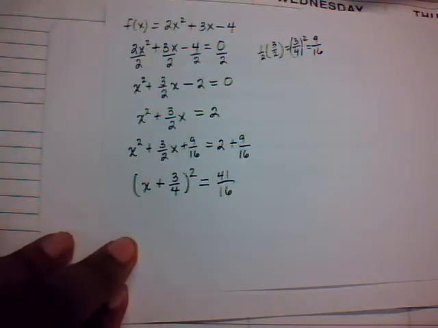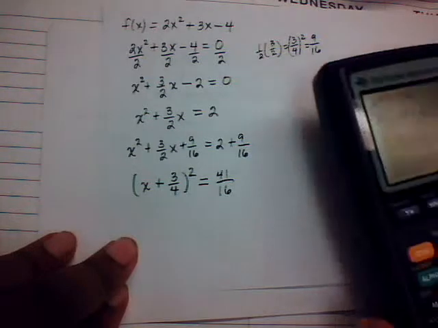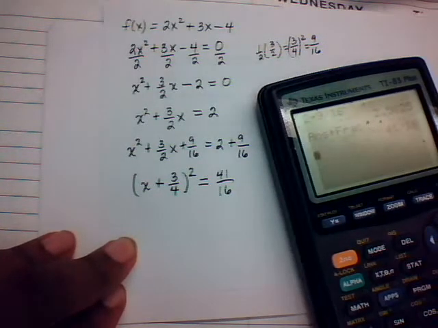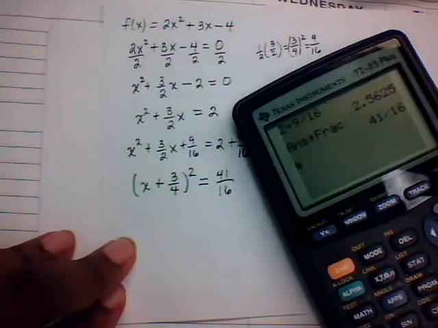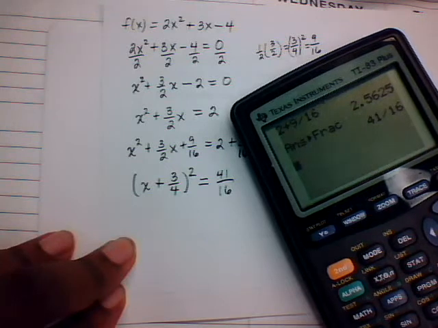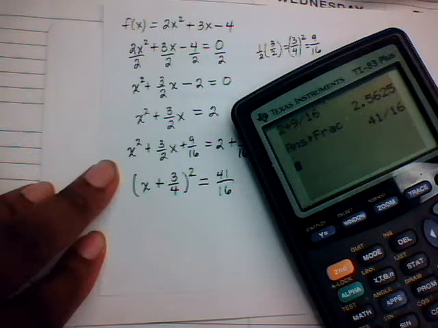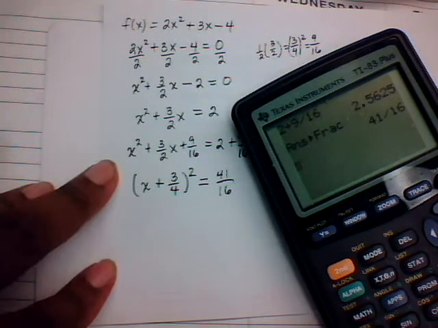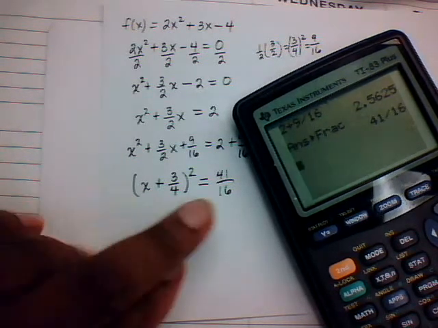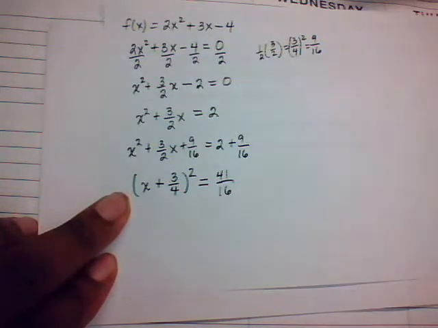Now I won't take the time to go over it, but if you have a TI 83 or 84 plus calculator, you can do like I did here, 2 plus 9 over 16. That gave me 2.5625. Then press the math key and select number 1 for the fraction, because you want to change that answer into a fraction, which will be 41 over 16, which is what I have here.